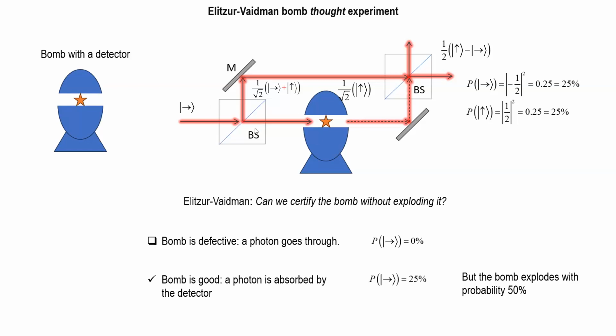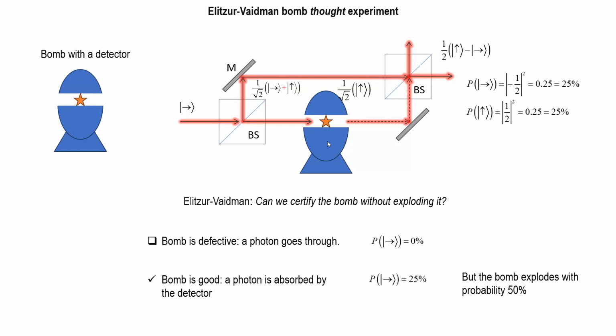However, the first beam splitter splits the photons in half, right? So half of the time the photon goes up, half of the time it goes in the horizontal direction, and this is the correct way to discuss it, because we put a bomb, we put a detector here.